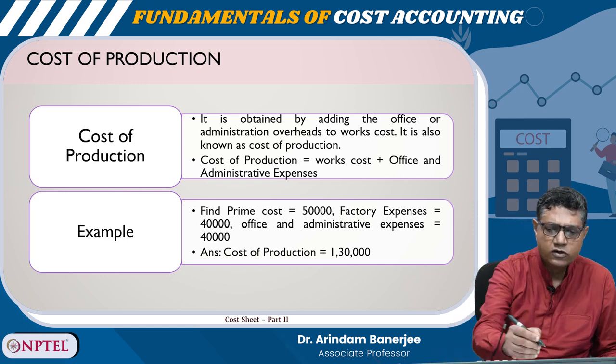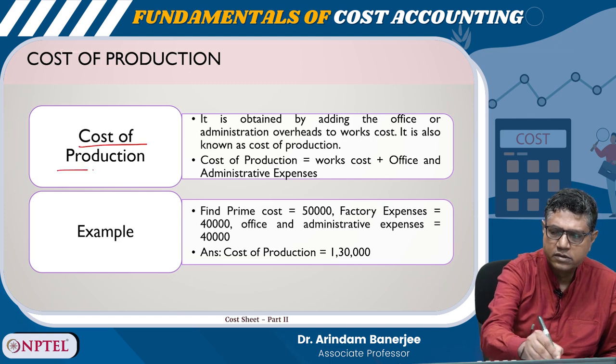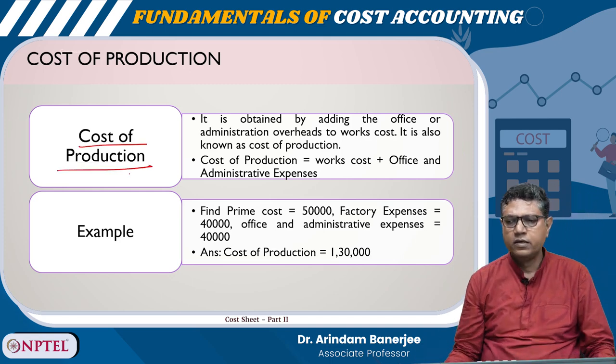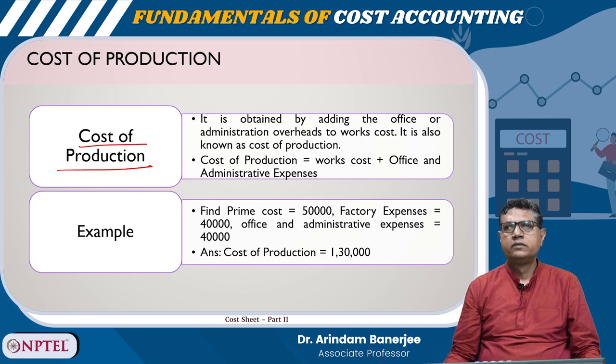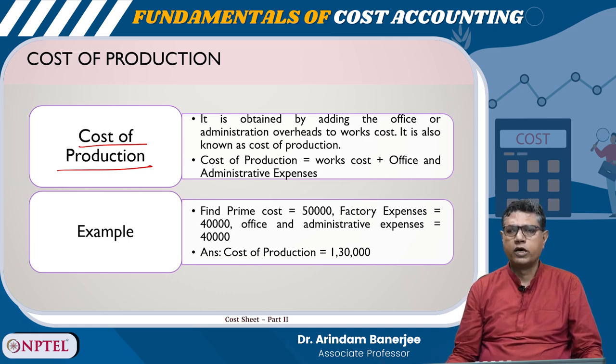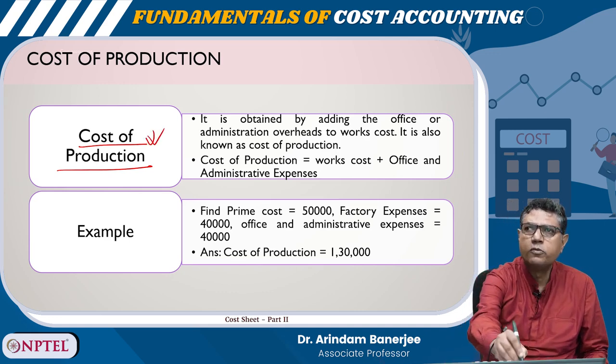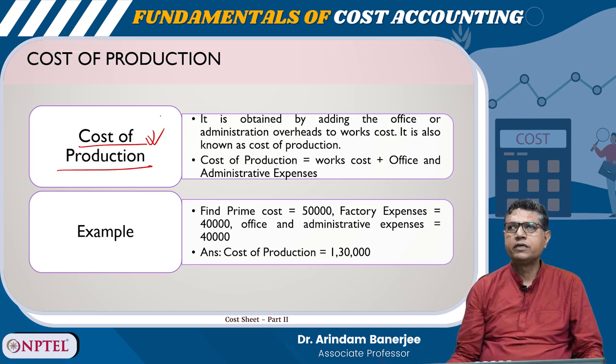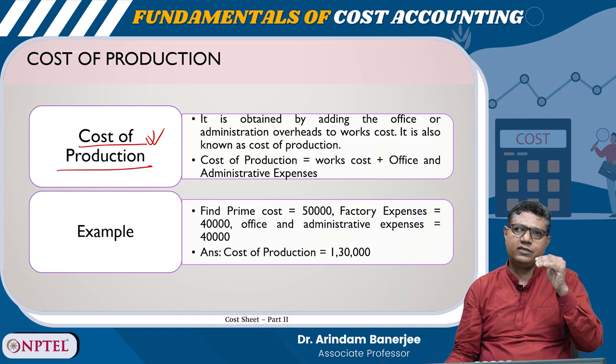Now, next is the cost of production. The next item is the cost of production. Cost of production can be obtained by adding the office or administration overheads to works cost. We got the works cost, the total manufacturing cost.